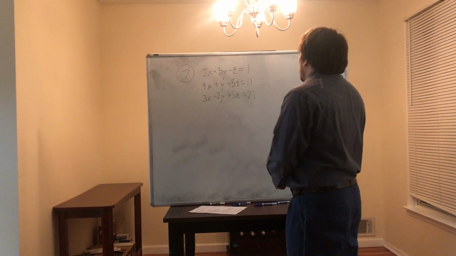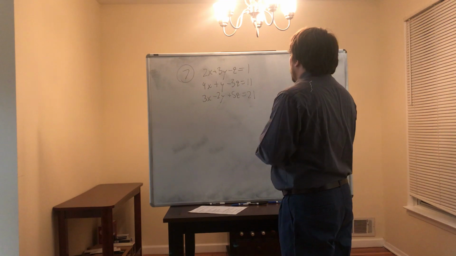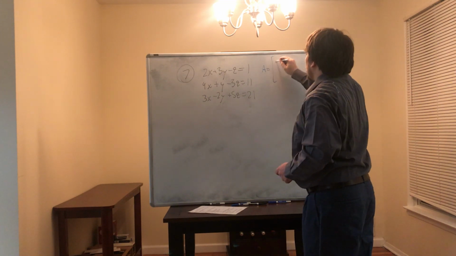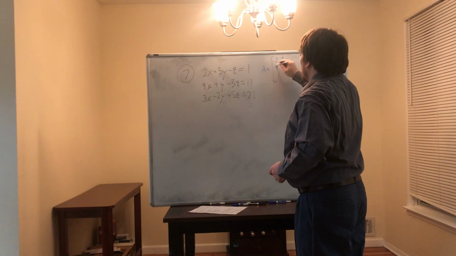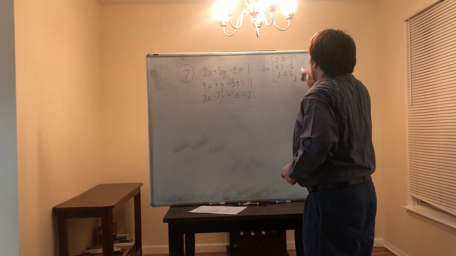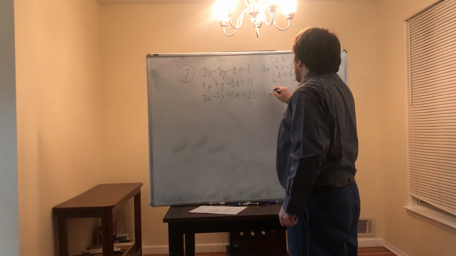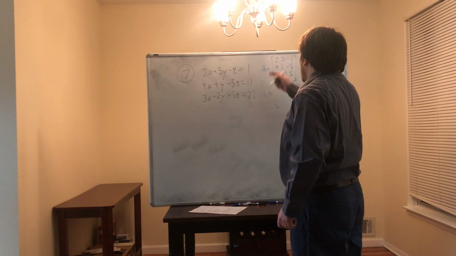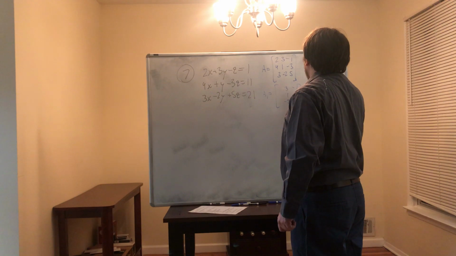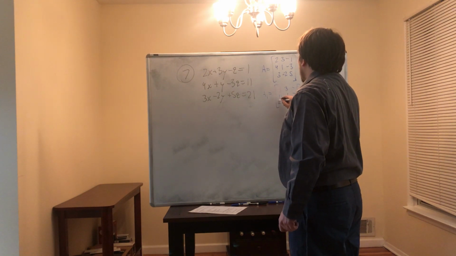First, let's write down some information given to us in the problem. Using Cramer's rule, we want to know what the matrix A is for the system. A is the matrix with rows 2, 3, negative 1; 4, 1, negative 3; 3, negative 2, 5. The matrix A1 is the same as A, except I replace the first column with the constants 1, 11, and 21.